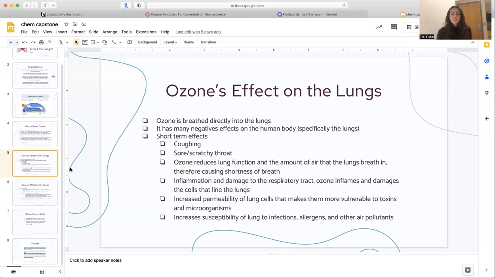As I said, breathing in ozone increases one's susceptibility to lung infections, allergens, and other air pollutants, none of which are good for you or your health.